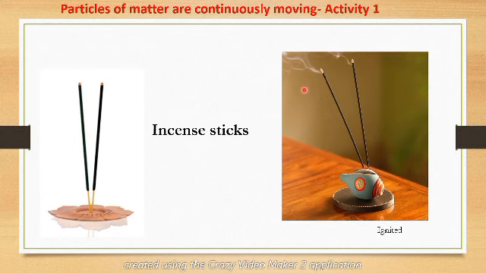That's why they move faster and they move a longer distance. So, as a result, we can smell the fragrance of the incense sticks at a distance without going closer to it.